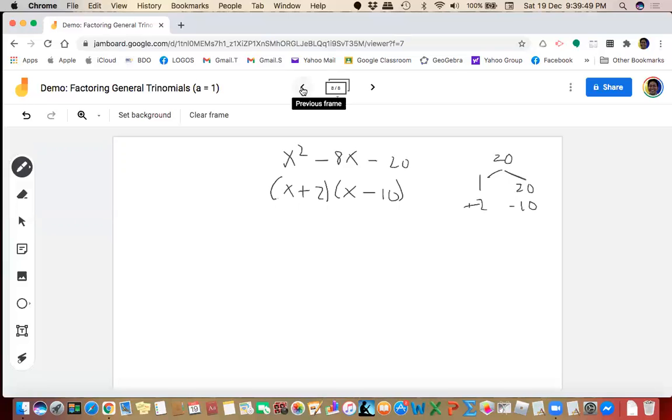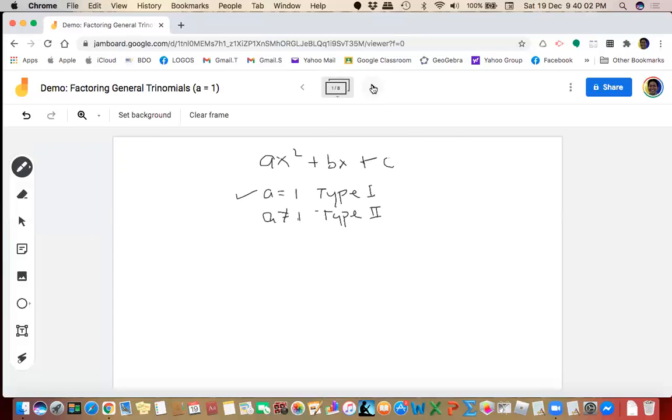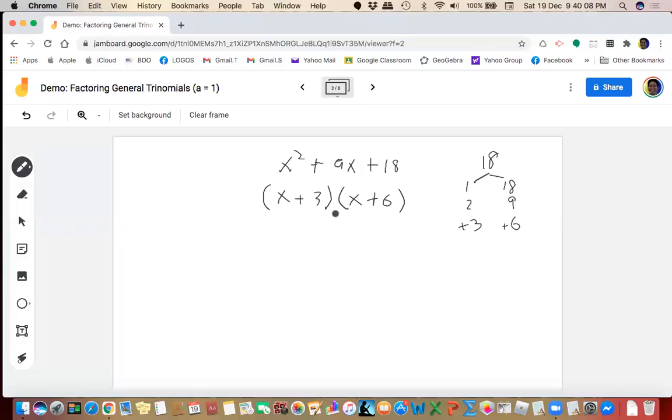So we've already tackled the 4 different possibilities. In our first case, we have 2 positives.